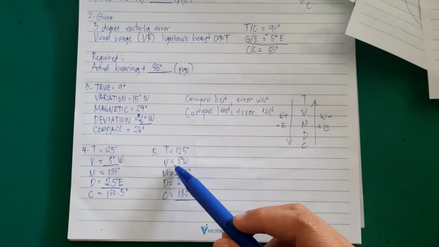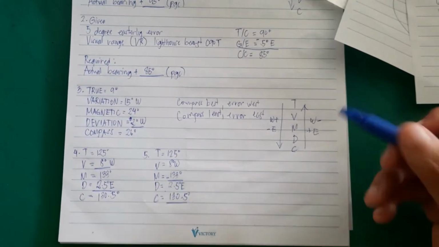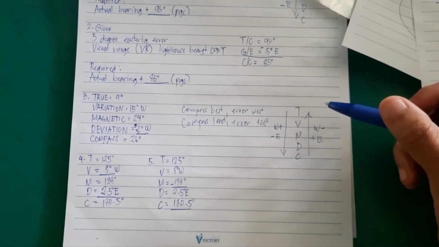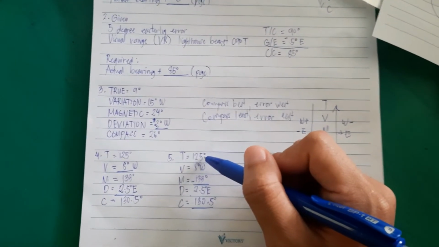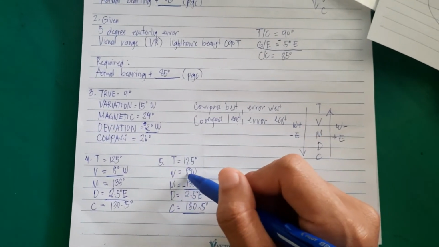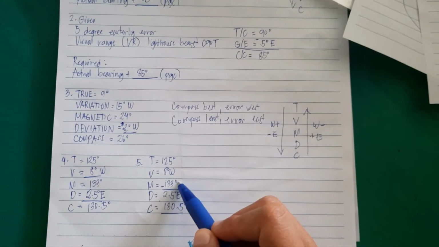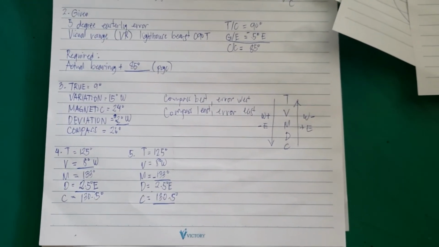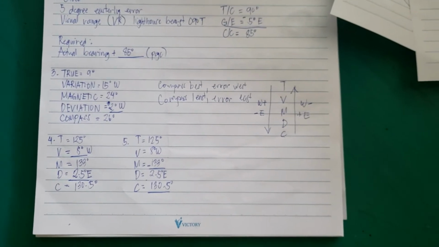So the variation is west, then this must be plus: west, plus 125 degrees plus 8 degrees west, that's 133 degrees. Always remember, you can only put sign to errors.